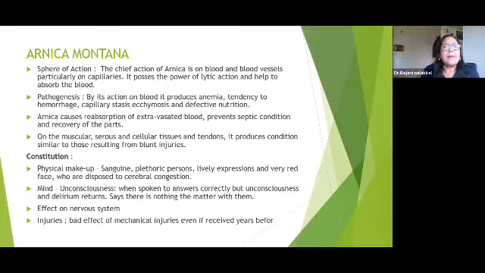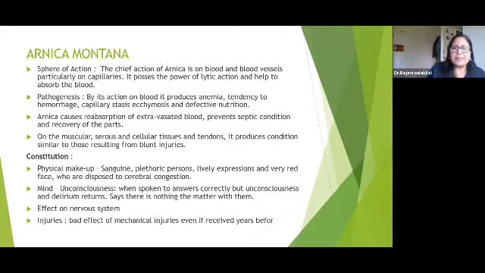Pathogenesis of Arnica: by its action on blood, it produces anemia, tendency to hemorrhage, capillary stasis, ecchymosis, and defective nutrition. Arnica causes reabsorption of extravasated blood, prevents septic conditions and helps recovery of the parts. On the muscular, serous, and cellular tissues and tendons, it produces conditions similar to those resulting from blunt injuries.